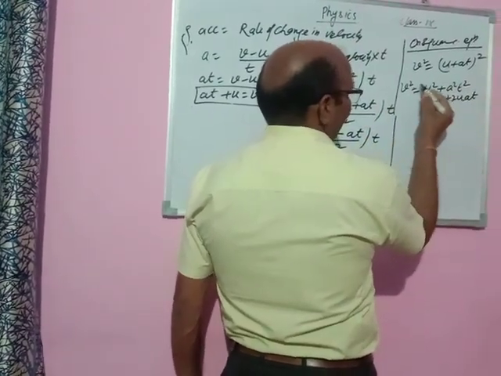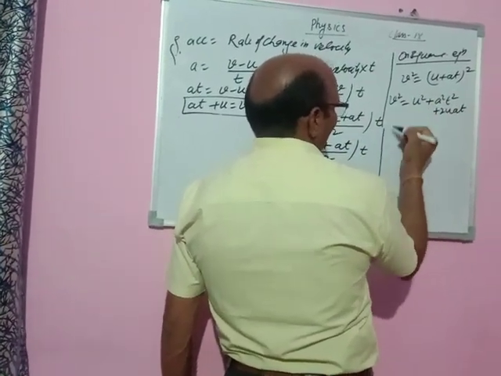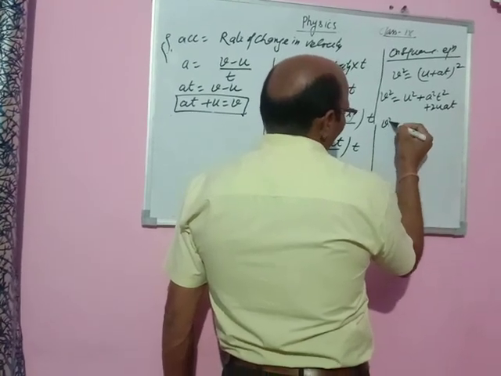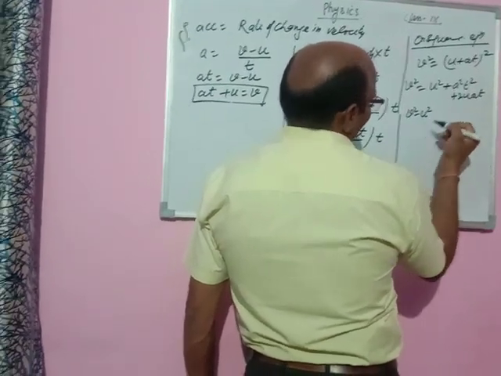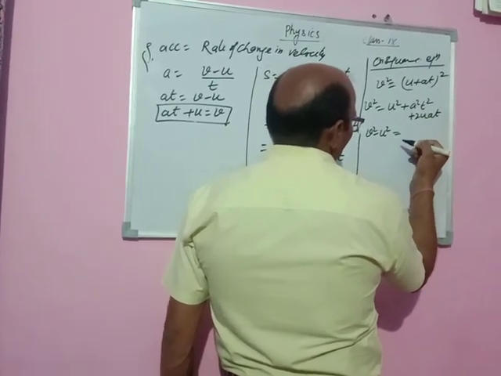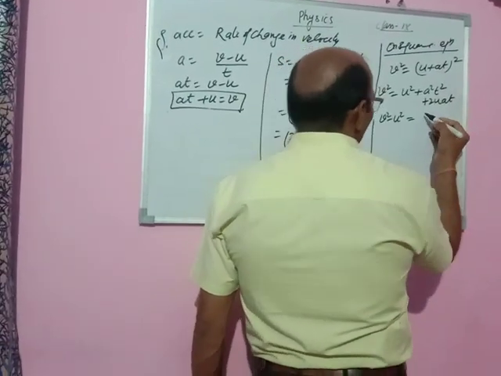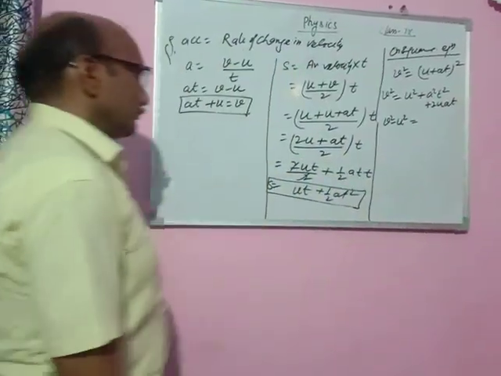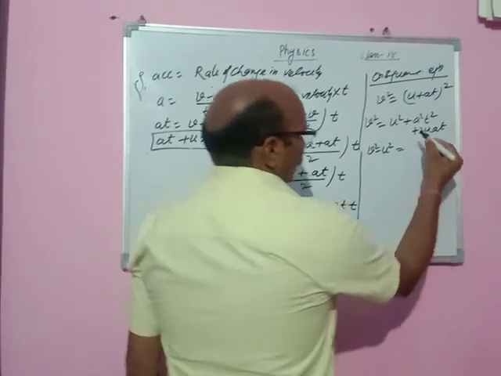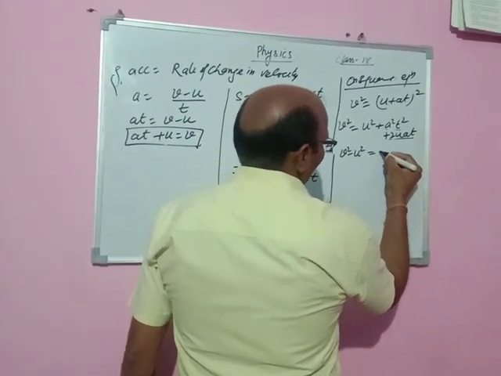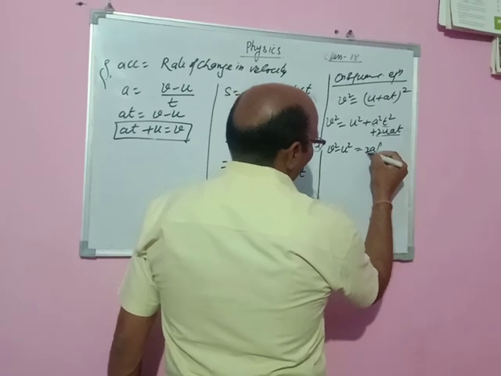I am transferring u square to this side. So v square minus u square equals a square t square plus 2uat. I am going to take 2a common from these two terms.